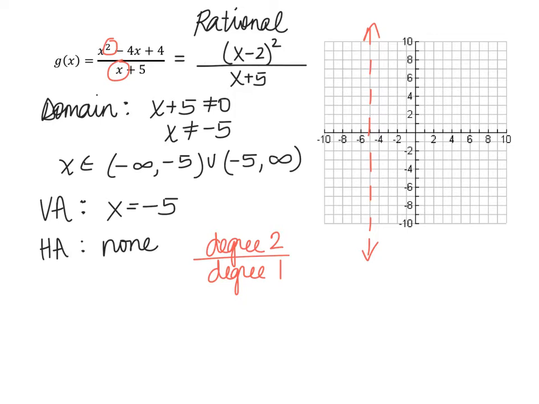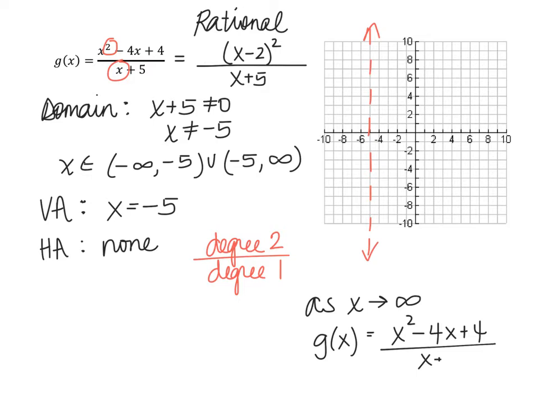Now let me remind you why that is. The horizontal asymptote is impacting the far ends of the graph, the far right and the far left. So we're basically trying to figure out what's happening as x approaches infinity, as x becomes a really, really large number. And as we look at this g of x function, it has an x squared minus 4x plus 4 on top, but on the bottom it only has an x plus 5.